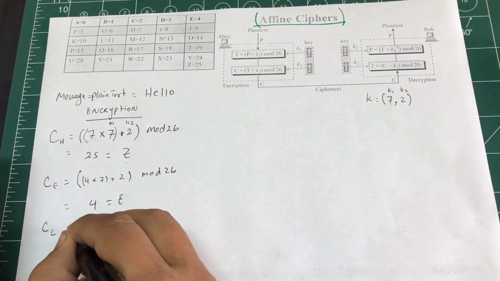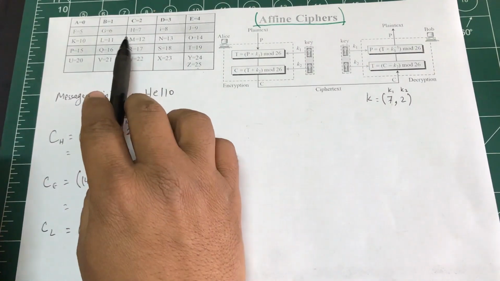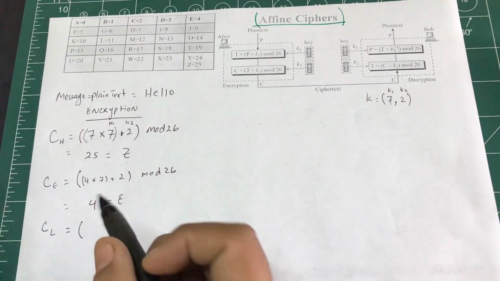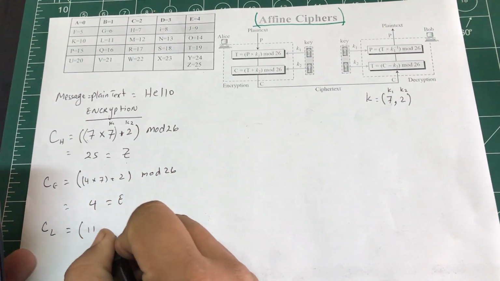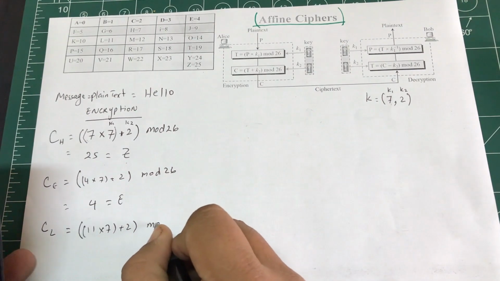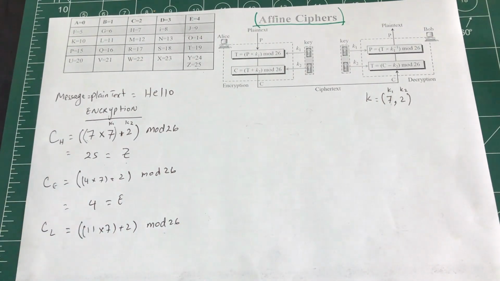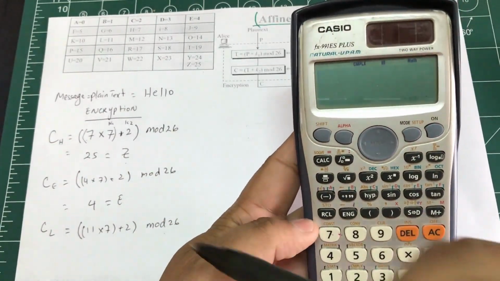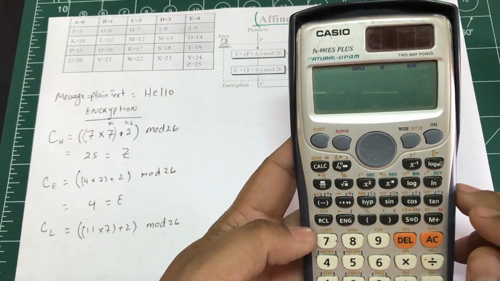Let's quickly do it for L. L has a value in our code book. This is the value that I have assigned, like a weight for that particular letter. It's 11 times 7 plus 2 mod 26. 11 times 7 is 77. 77 plus 2 is 79.